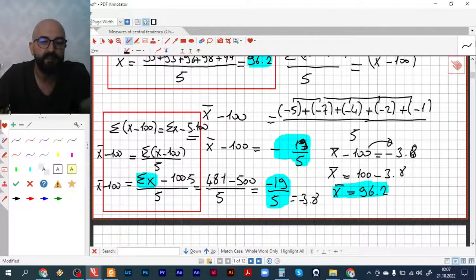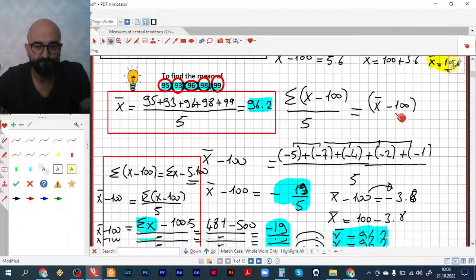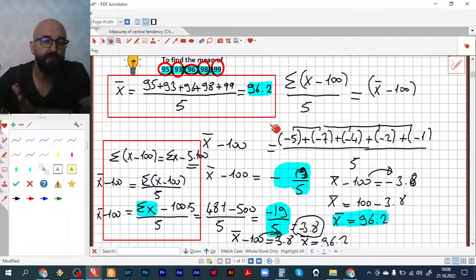So these results equal 100 less than the mean. If we carry 100 to the other side of the equal sign, the mean becomes 96.2. Okay, we can use this different process instead of the large numbers.